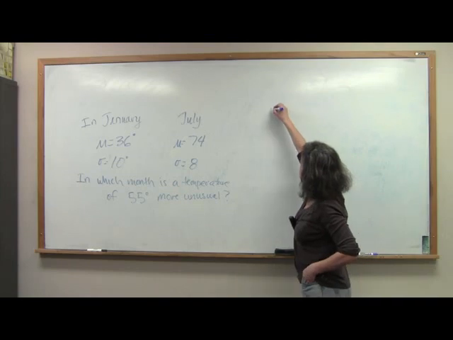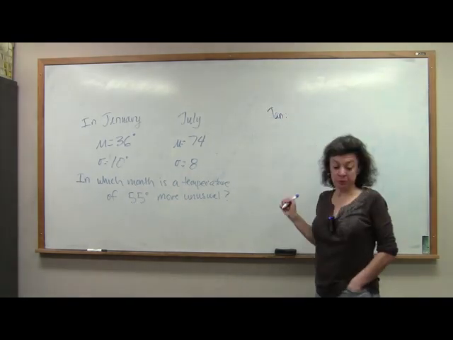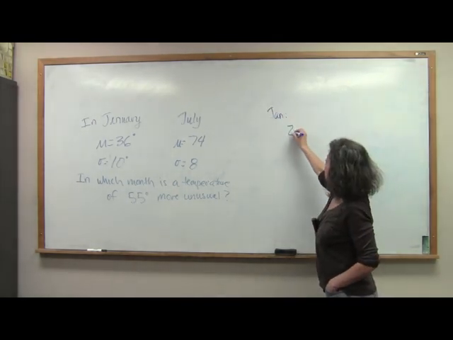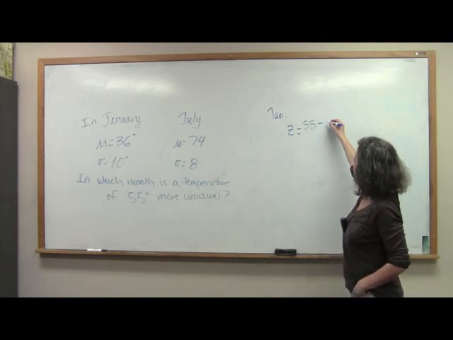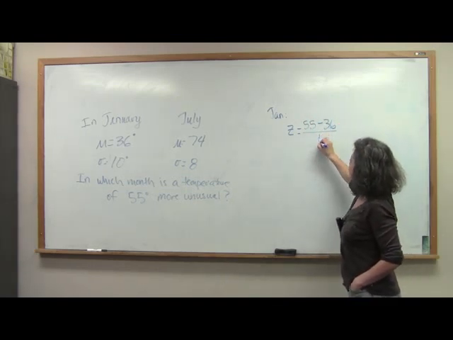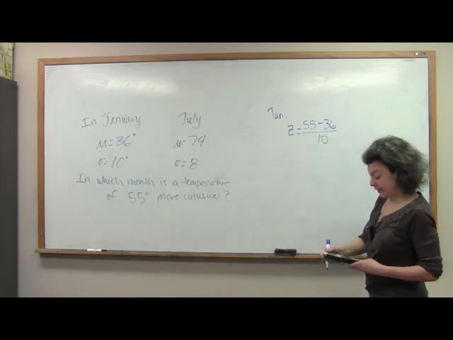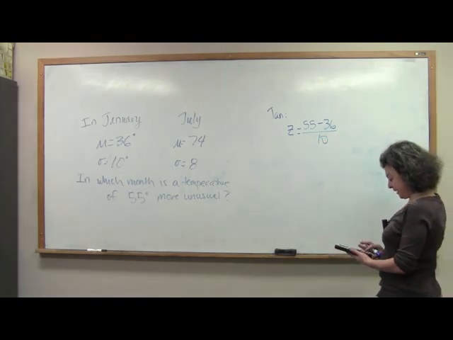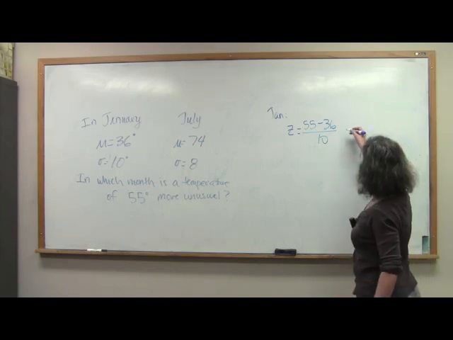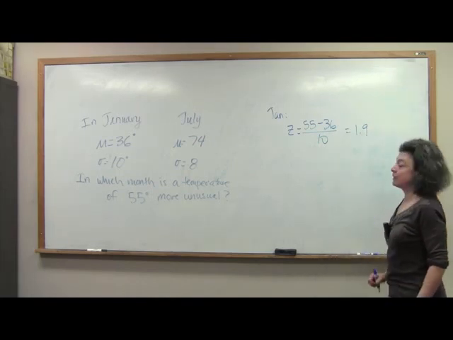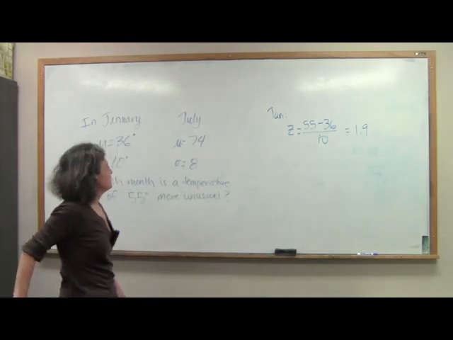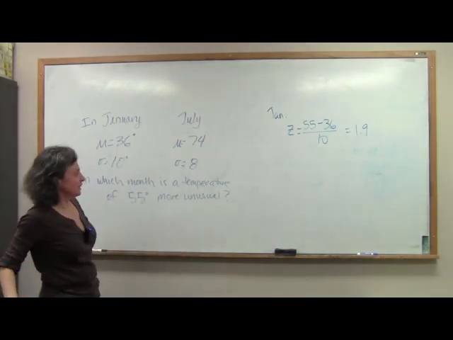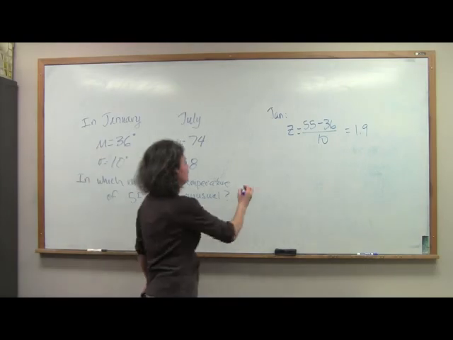So what I'm going to do is compute my z-score for each of these. Again, for January, my data value is 55. I subtract the mean and then divide by my standard deviation, and I get 1.9. So we're almost 2 standard deviations above the mean. Okay, that's a pretty unusual temperature for sure.